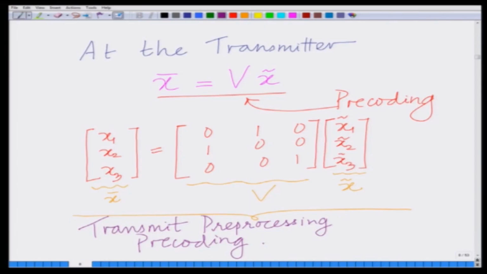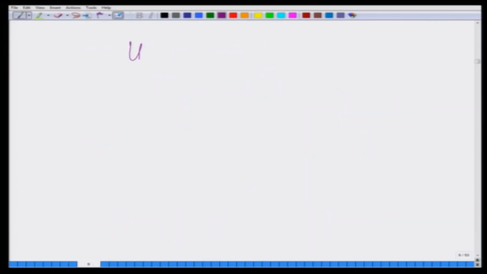And now after this, what am I going to have at the receiver? As we have already seen in the previous module, I am going to have y tilde equals sigma times x tilde plus w tilde.